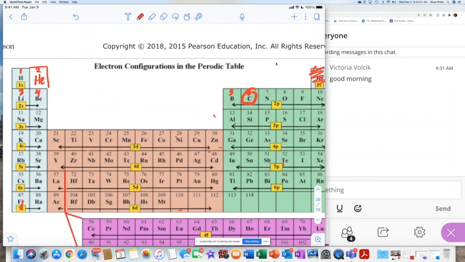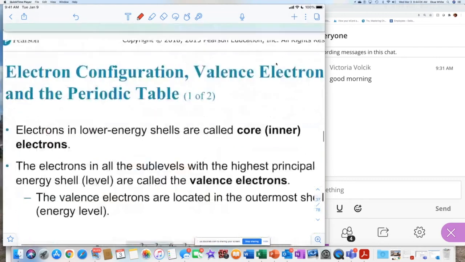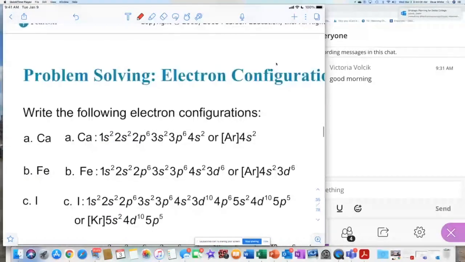So we're trying to place all 6 electrons from carbon in their respective sublevels. You can see 2 electrons go in the 1s sublevel. Electrons 3 and 4 go in the 2s sublevel. Then the remaining 2, even though the 2p sublevel has the capacity that goes up to 6, we only place the remaining 2 electrons, electron number 5 and 6, in the 2p sublevel. Okay? So that's what I'm going to write here.